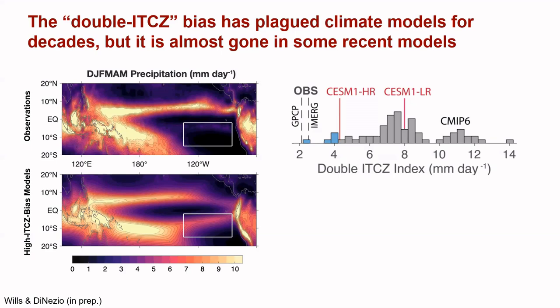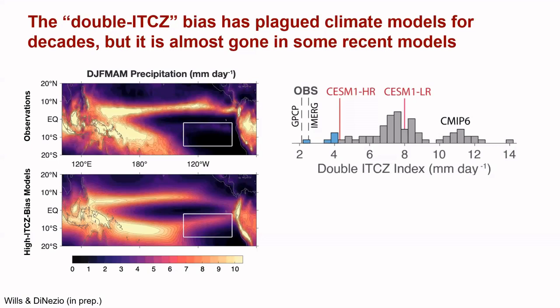So this is showing a histogram of a double ITCZ index, which basically focuses on this box in the Southeast Pacific, where if you show on the left-hand side, the observations compared to the typical climate model, there's a huge difference in rainfall. There's no rainfall band there in observations, and there's this extra erroneous rainfall band in the typical climate model. So if you just look at the maximum value of climatological precipitation in the season DJFMAM, this is most of a problem.